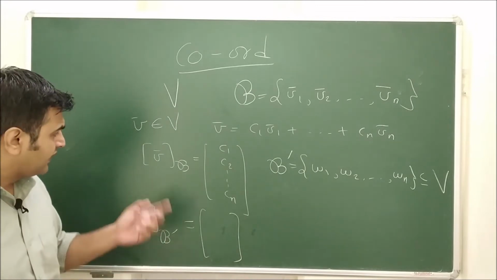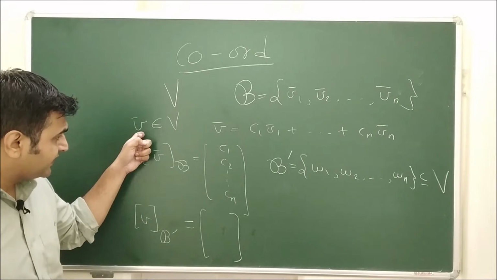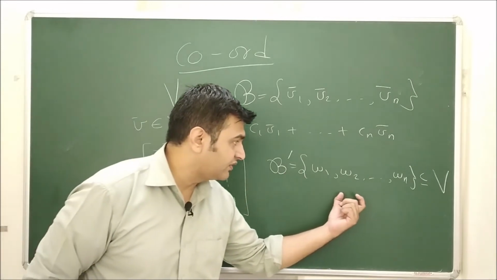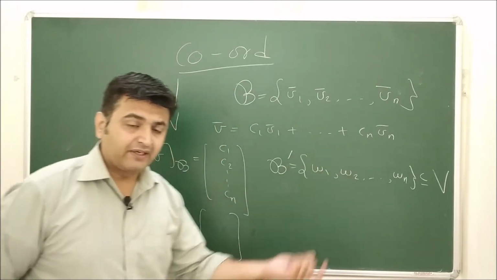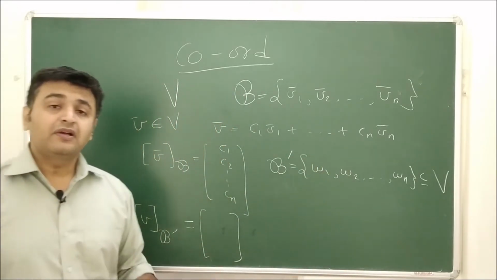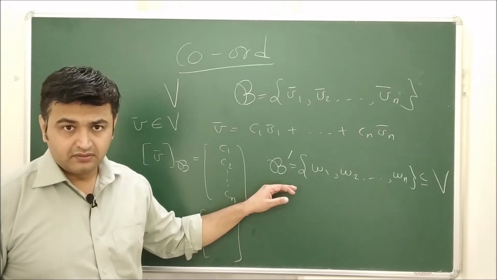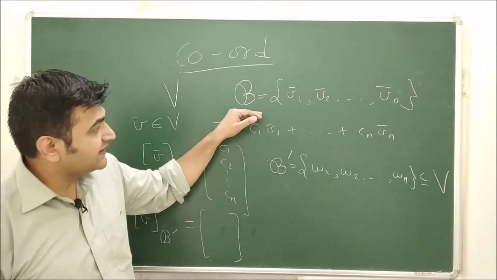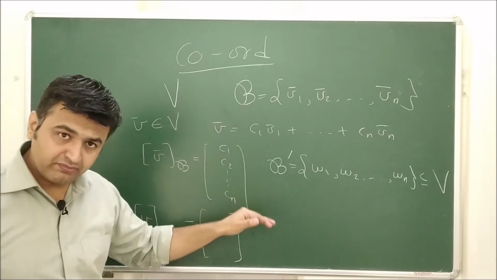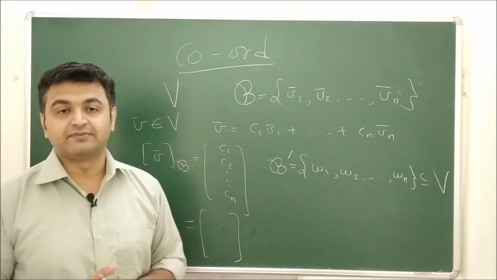Well, one way is to do the same thing you did for B: write v as a linear combination of w1 to wn and write down that coordinate vector in a column. That is one way. But the problem is, this can be a very bad basis set. It need not be as simple as B. So one way is this usual method. The second method is to use the change of basis matrix.